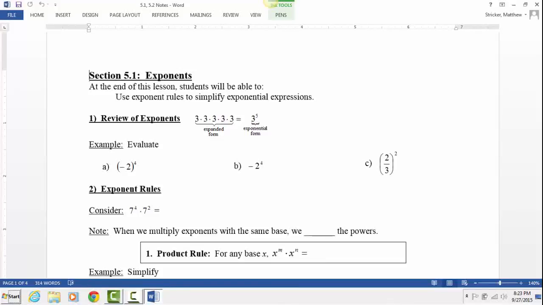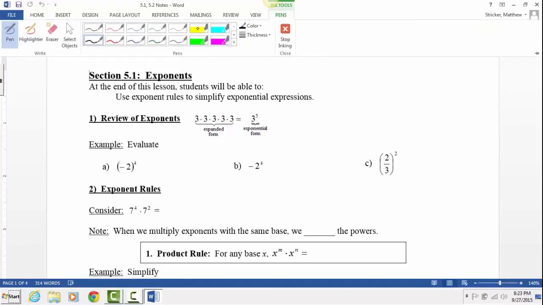In this video, we're going to cover sections 5.1 and 5.2, and we're going to be learning about exponents. In section 5.1, we're going to specifically be learning about how we can use exponent rules to simplify exponential expressions. So first of all, just a review of what exponents are.